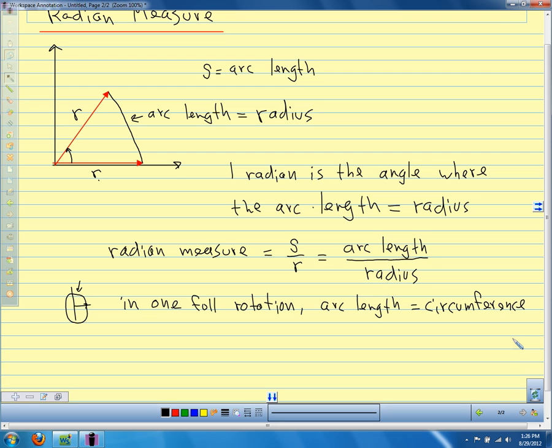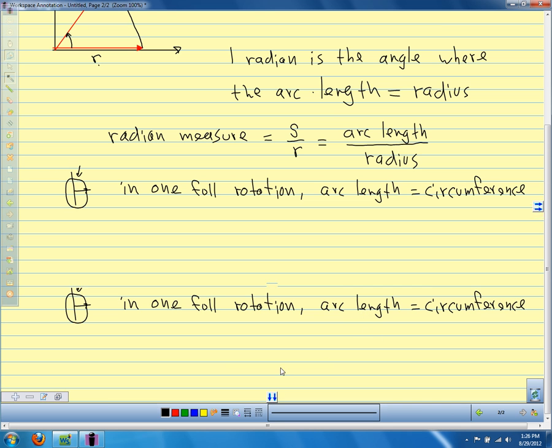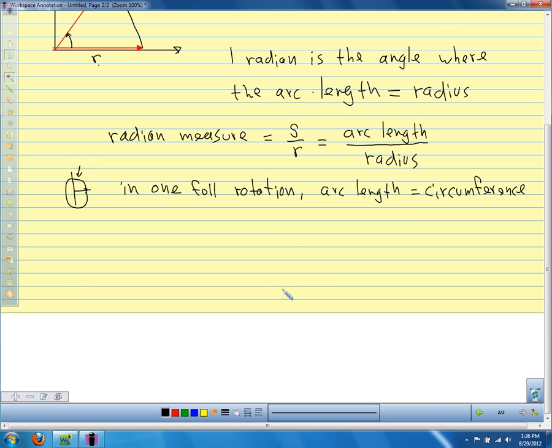And how do we find the circumference of a circle? What's the formula for circumference? 2 pi r. Perfect. The circumference equals the arc length equals 2 pi r.